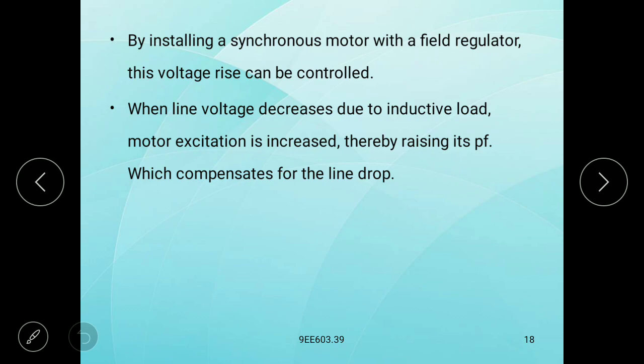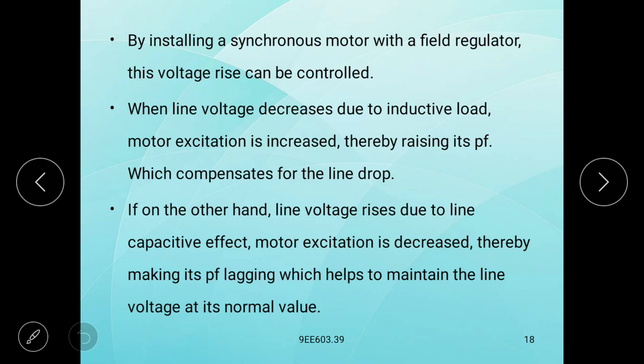When line voltage decreases due to inductive load, motor excitation is increased, thereby raising its power factor, which compensates for the line drop.